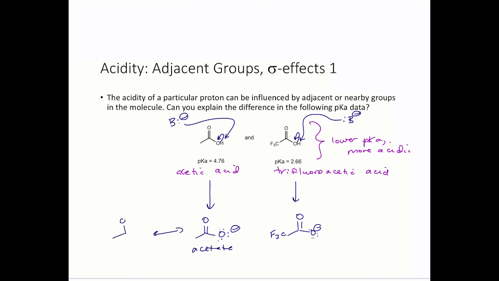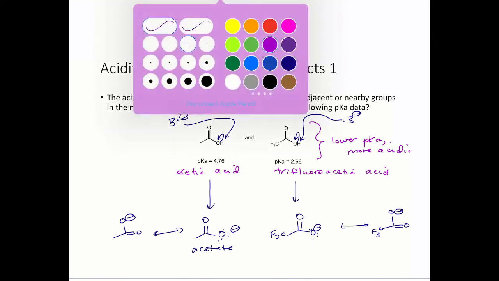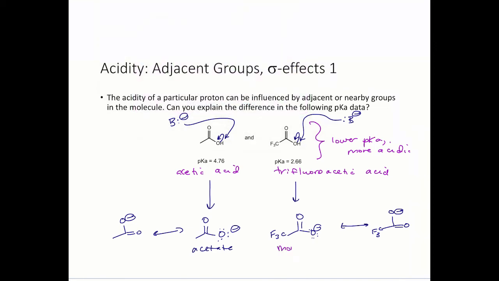Both of them are stabilized by resonance, by the delocalization of charge. So clearly pi effects cannot be the answer to this question. If we're looking at the conjugate base of trifluoroacetic acid, we know that this is more stable than acetate. So why?